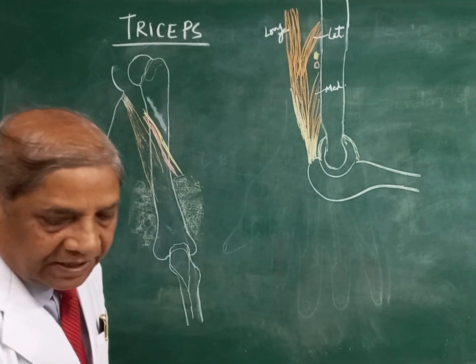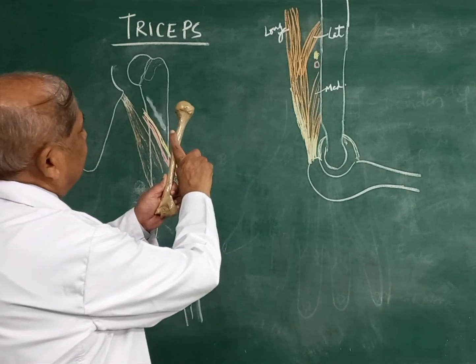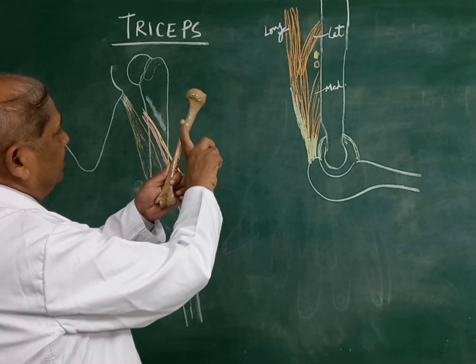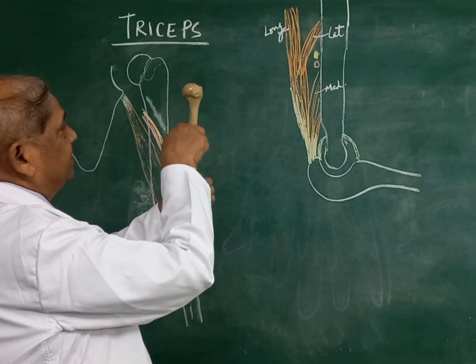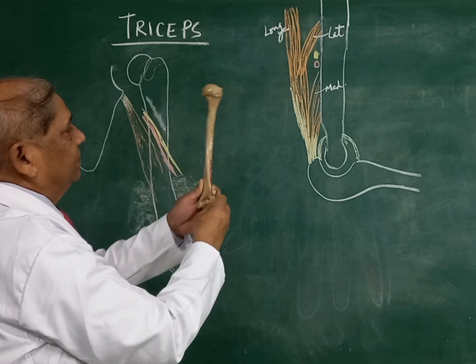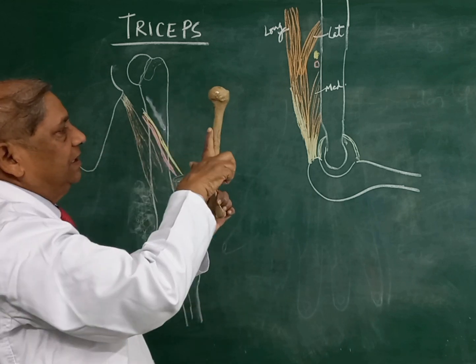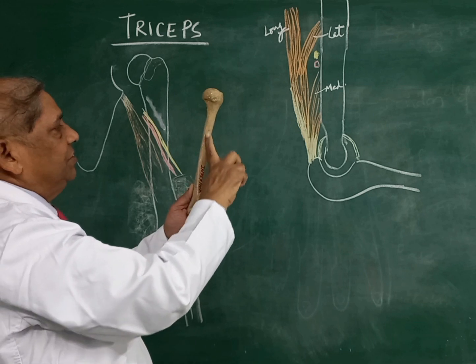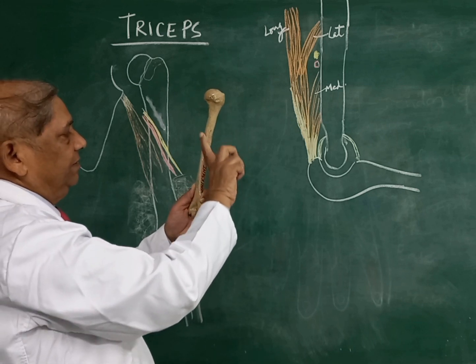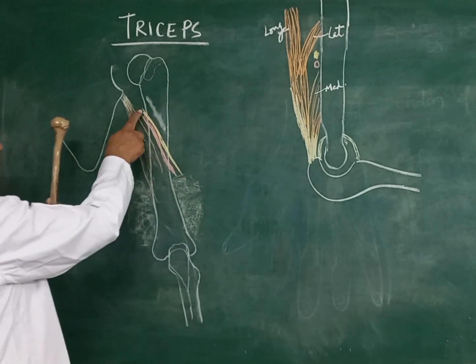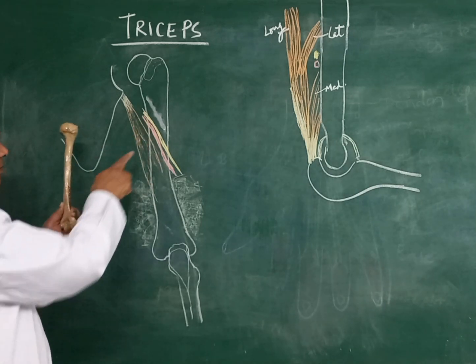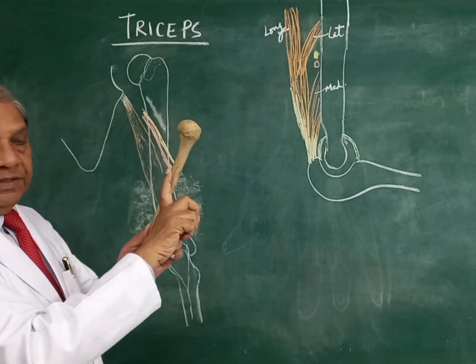Just below that, there is a spiral groove, which extends obliquely from the medial to the lateral side. This groove gives passage to the radial nerve and the profunda brachii artery.